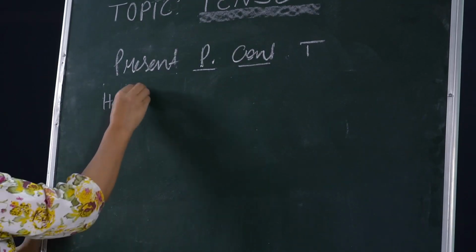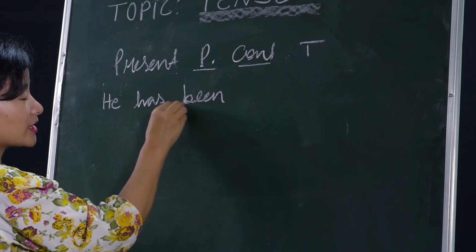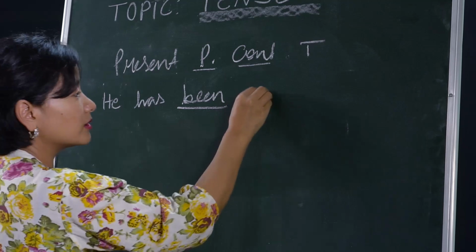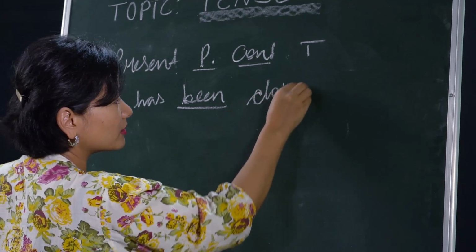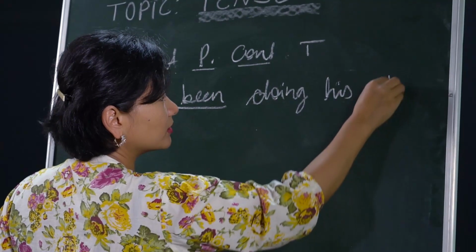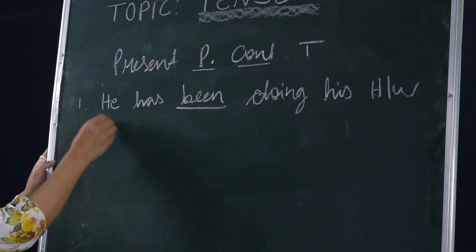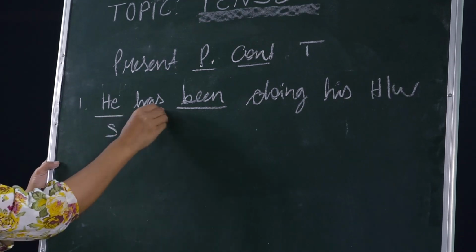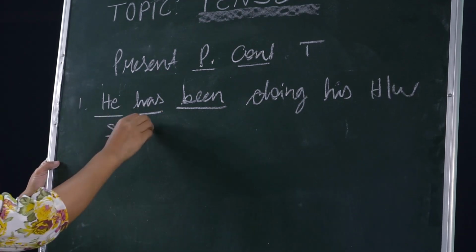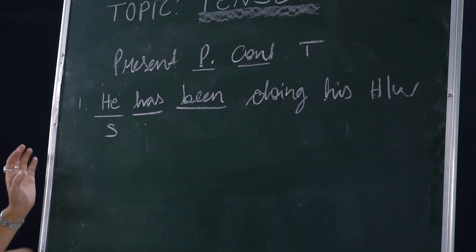So let's say he has, and again we need the verb in the past participle. He has been doing his homework. If we look at this sentence here, he is the subject, and has suggests that it is in the perfect tense.